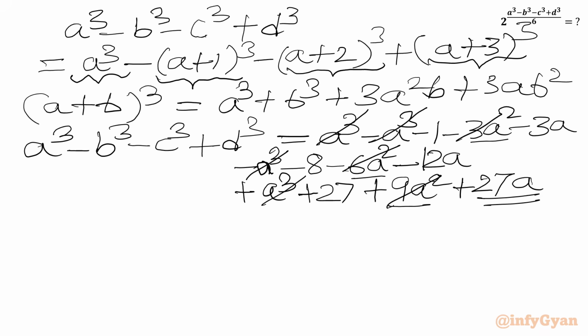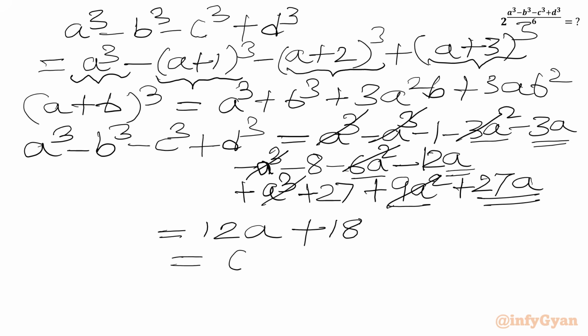So 27a, here we have minus 12a, here we have minus 3a. So 27 minus 15, we will get 12a. Now the constant terms: 27 minus 8 minus 1. So 27 minus 9, the value will be plus 18.